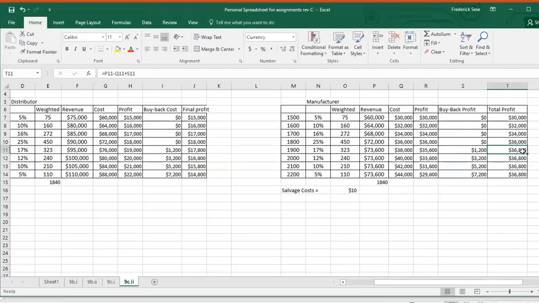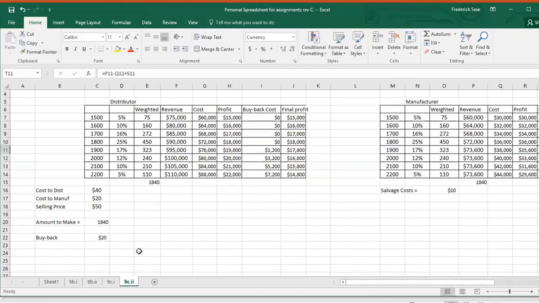So at this point, you don't see it because 1840 is in between 1800 and 1900, but at 1840, their profit maxes out at $20 buyback because the buyback is exactly the same as the cost to the manufacturer. So once again, the buybacks, well, in this example, the buyback has to be higher than the cost to the manufacturer.